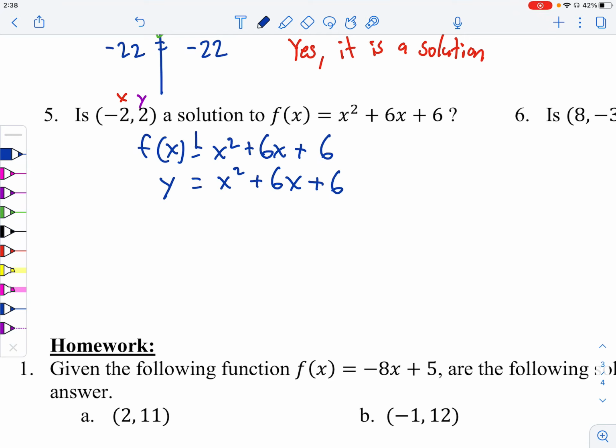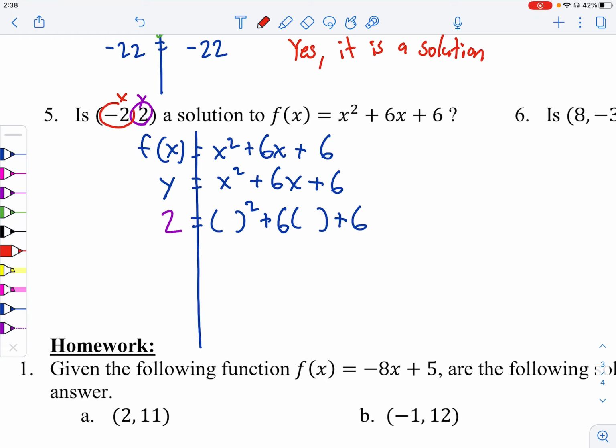Our y value is 2, so we just put 2 for y. And our x value, I'm just going to write all my parentheses, so it's a little bit easier. So when we put in our x value, which is -2, -2, -2. And we'll see, is this equal? Is it equal? So left side is 2.